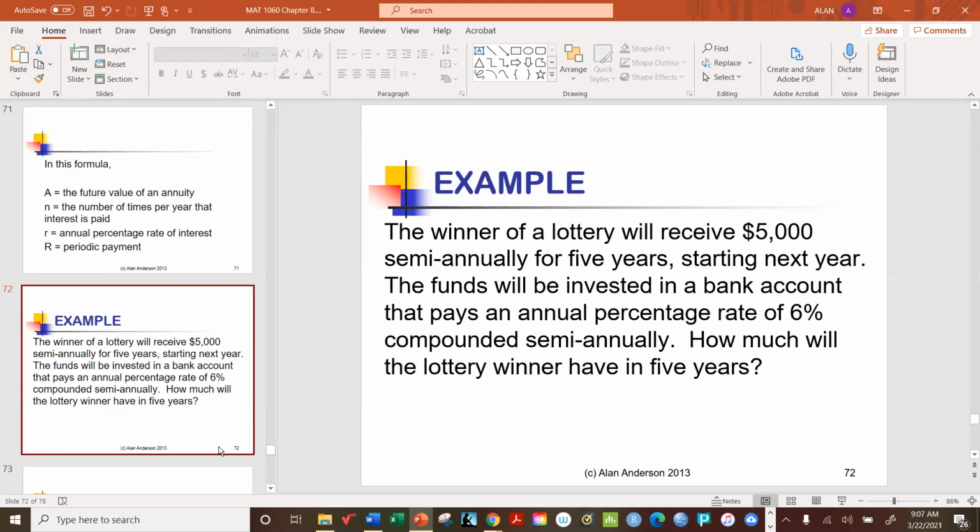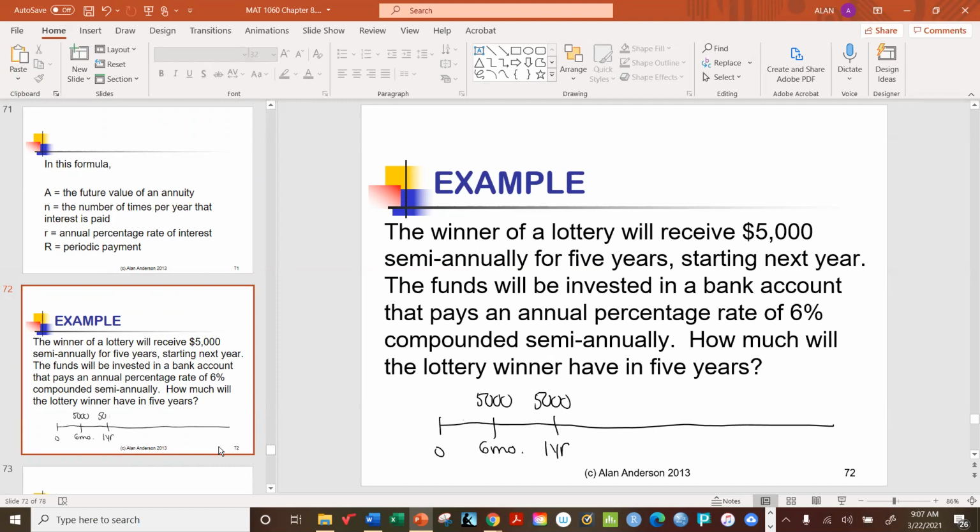Okay, so for 5 years, in fact, if you were to draw a timeline for this, here's today, 0. In 6 months, you'll get $5,000. In 1 year, you'll get $5,000.